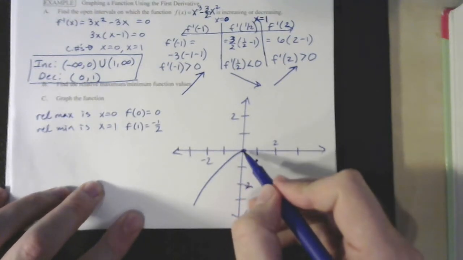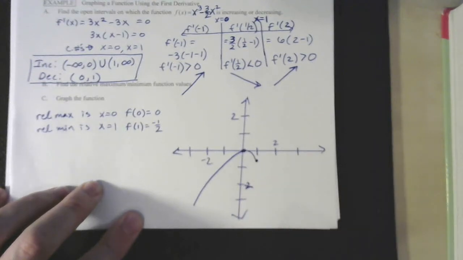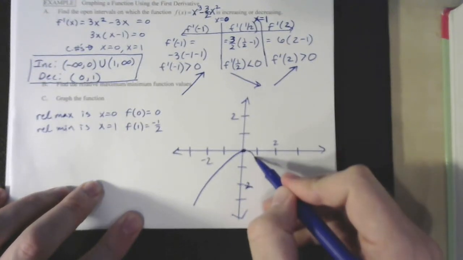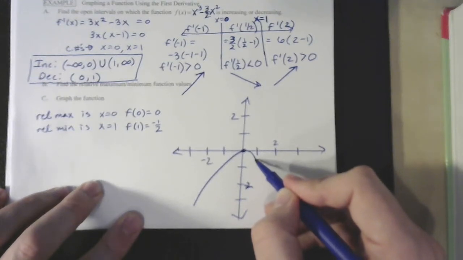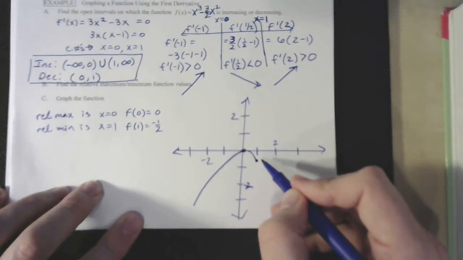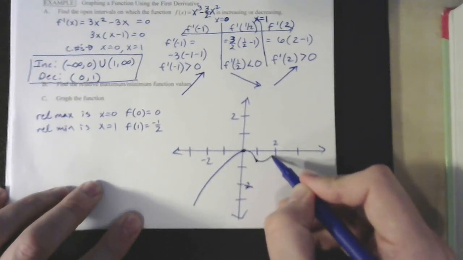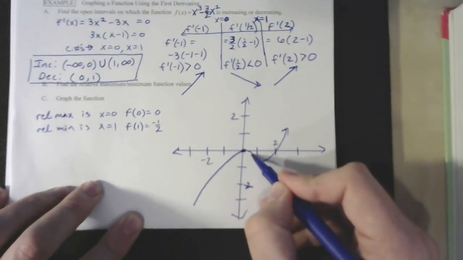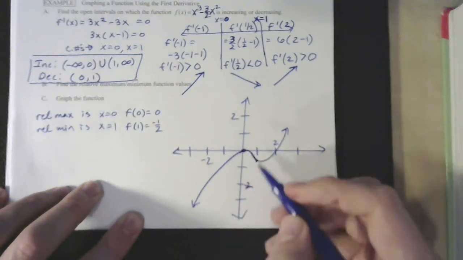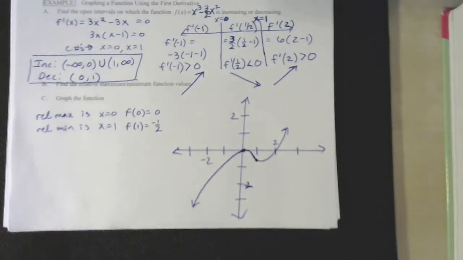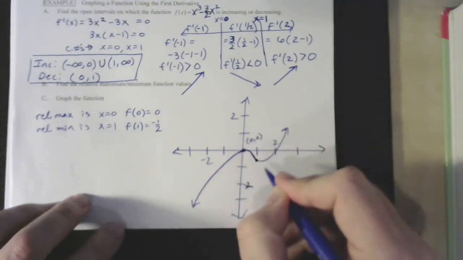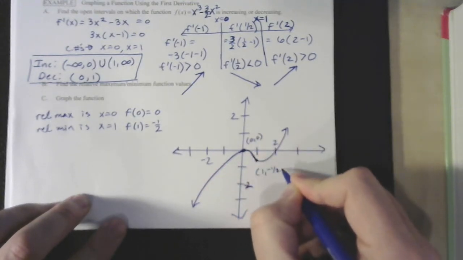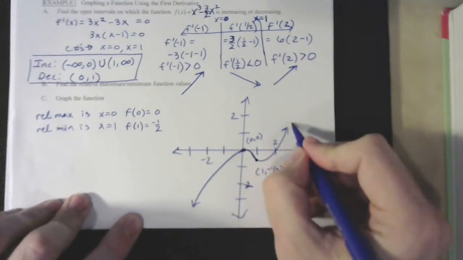We need to decrease down to here, and then we need to increase again back up through, or after this 0, so it goes up like this. And then we label our points: 0, 0, 1, negative 1/2. And we can call this f.